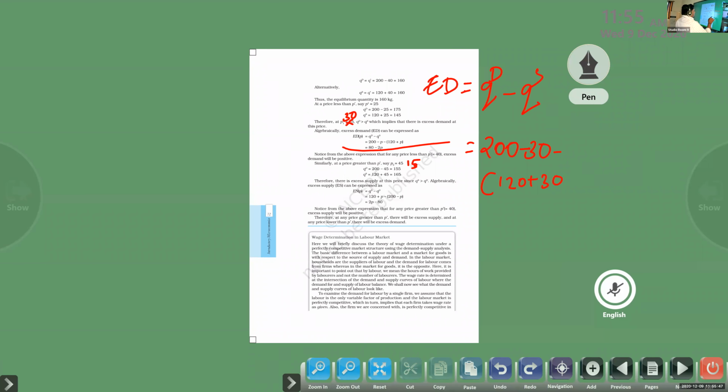So what will we get? 170 minus 150. Clear or not? Yes or no? Then 20 minus 2p. Is that the way?